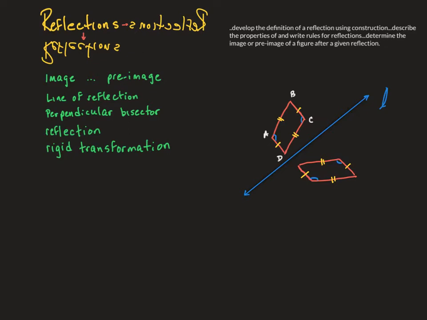Hopefully, of course, I'm not drawn to scale, and that's why we use these congruency markings, because we're not perfect drawers. But hopefully you can see that this is a trapezoid if I were to draw the image over here, and that these two sides are going to be equal, these two sides are going to be equal, this angle and this angle are going to be congruent, and these two angles are going to be congruent.